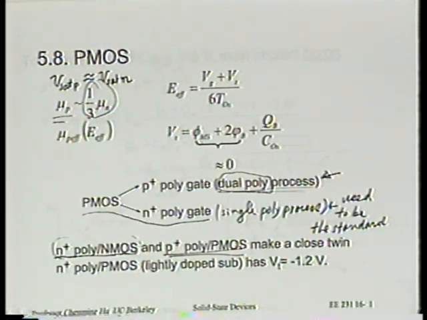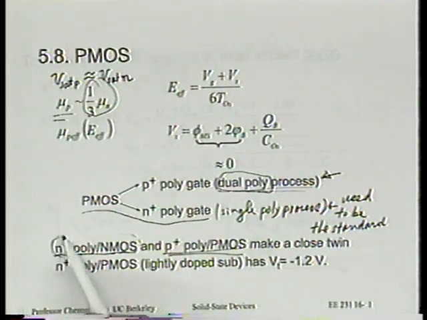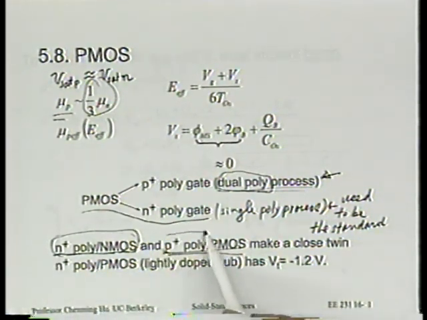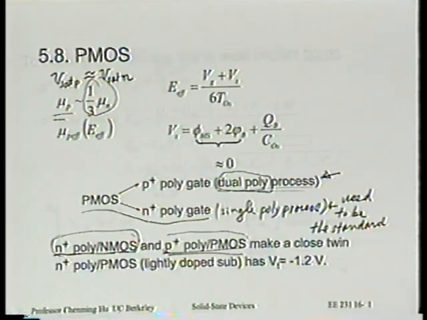Kind of a benchmark. We always assume we are talking about n-channel transistor as n plus poly. And the reason is that if you understand n plus poly NMOSFET, you automatically understand p plus poly PMOSFET. These 2 are very close to each other, okay? Just change the sign of voltages. That's about it, all right?